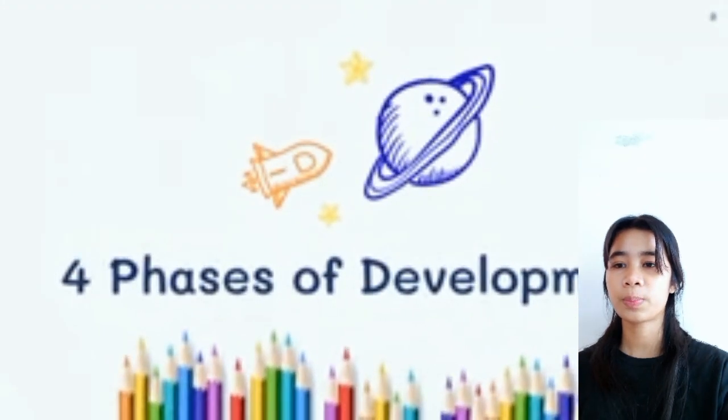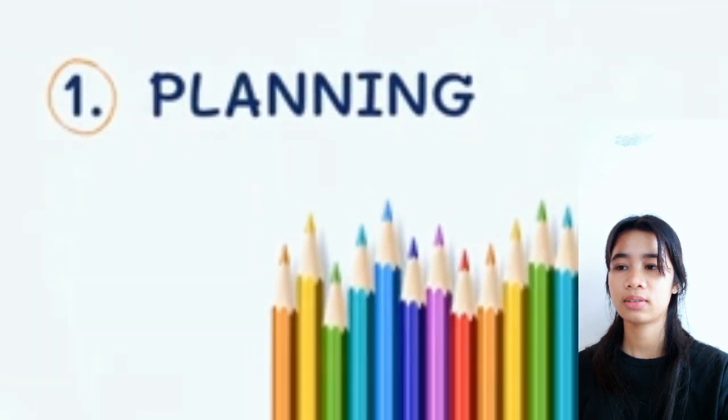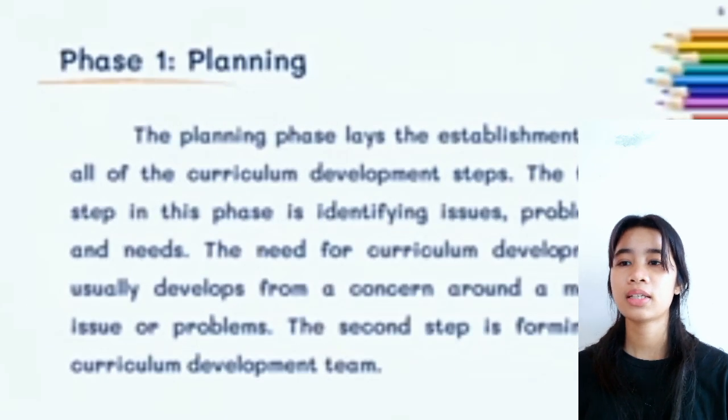Four phases of development. First is planning. Planning is the base laid and established for all of the curriculum development steps. The first step in this phase is to identify issues, problems, and needs.